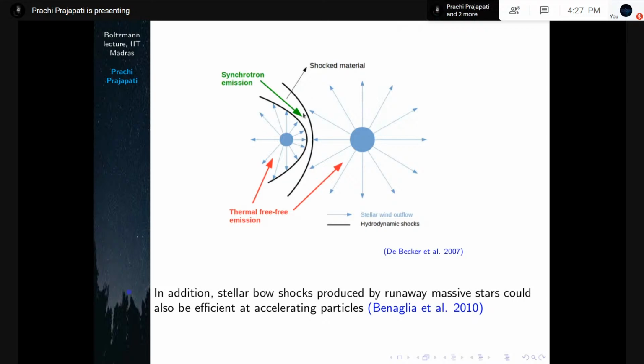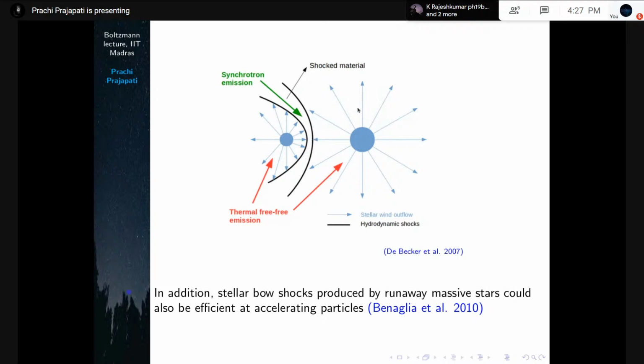At this place, we do expect the presence of a shock front, which can lead to particle acceleration, leading to emission of non-thermal emission. So observationally, if we confirm that synchrotron is present in this region, then it can intuitively tell us that yes, the particles are getting accelerated at this place.